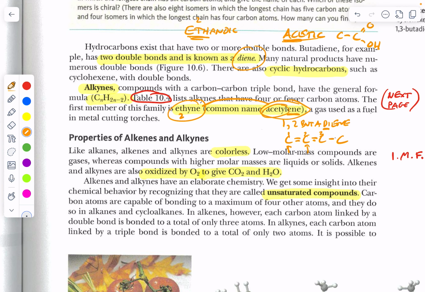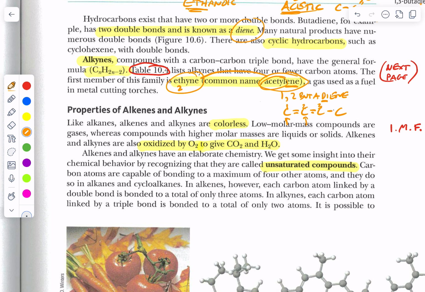Acet was the old-fashioned name for 2 carbons, but everybody uses the old-fashioned name acetic acid, not ethanoic acid, except for the textbook that we use in honors chemistry for some reason. And we'll look more at a table of alkynes when we get to the next page.